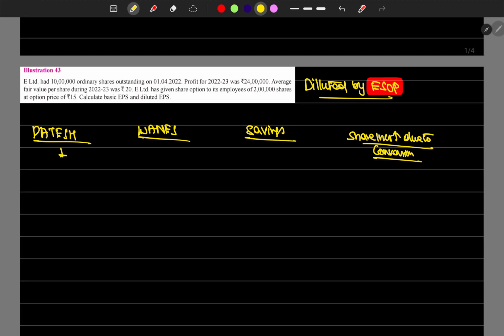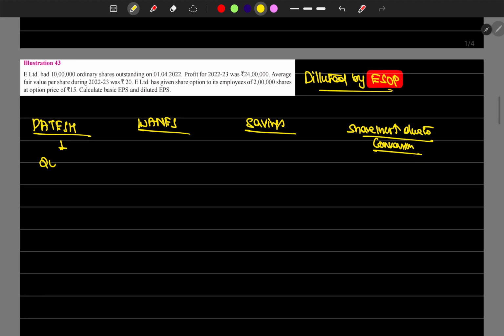Okay, what's the numerator here? Profit attributable to equity shareholders is 24 lakhs. See, 24 lakhs. What's the denominator here? Denominator is 10 lakh shares. Okay, what could be the savings and what's the share increase due to conversion?